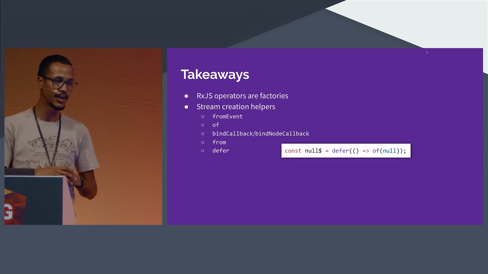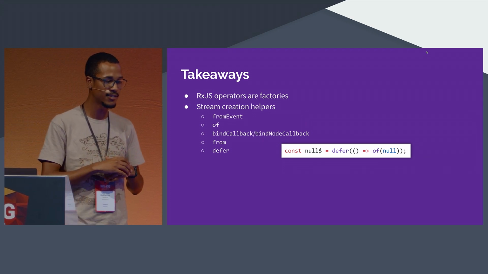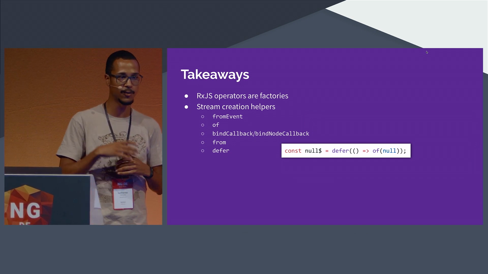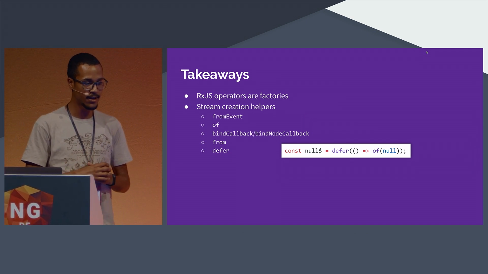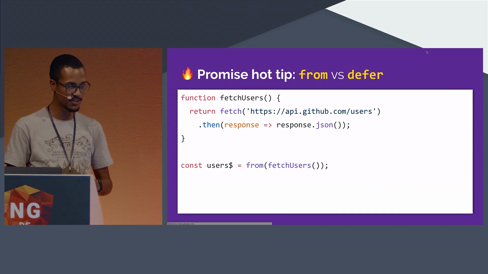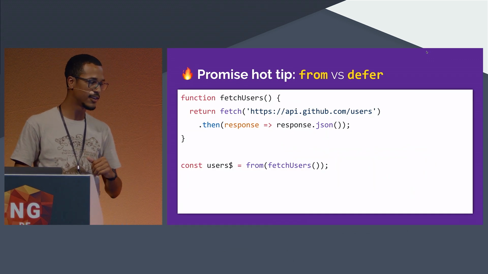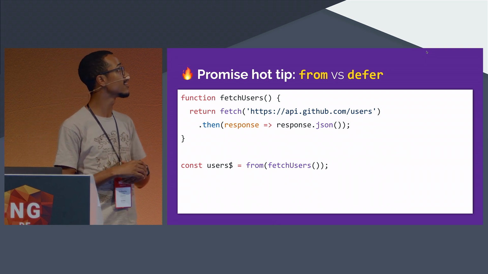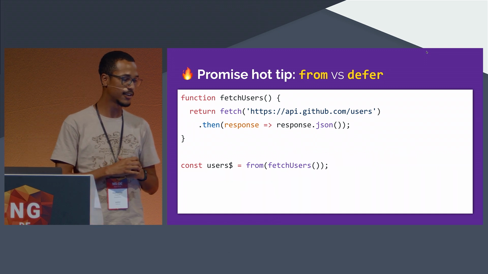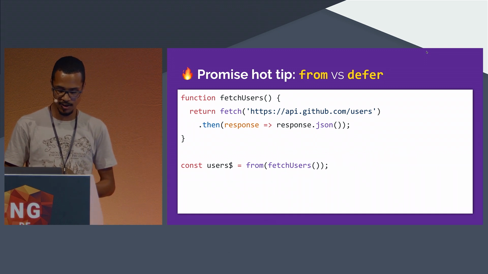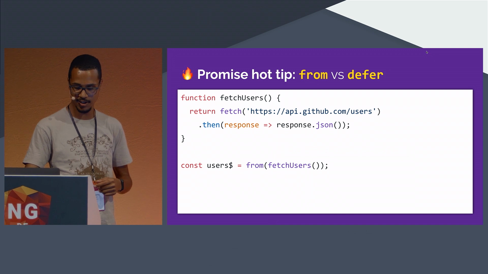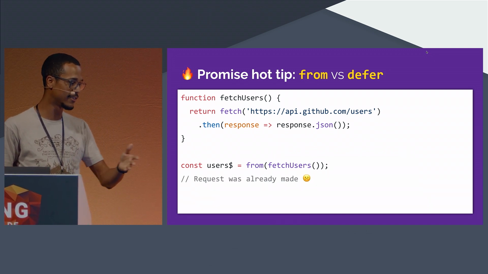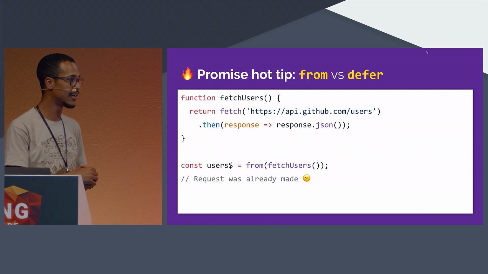For instance, if you have a GitHub wrapper API and you want to port it to reactive code. You have fetch users from GitHub, which returns a promise, and you want to make it an observable to use it in a reactive way. But here, if we run this code, the operation was already performed. The request was already made, because promises are eagerly loaded.